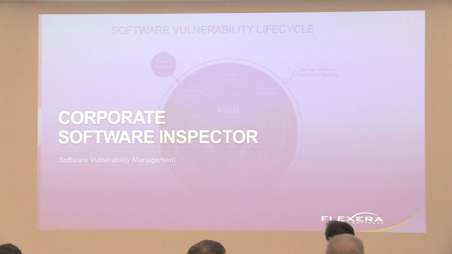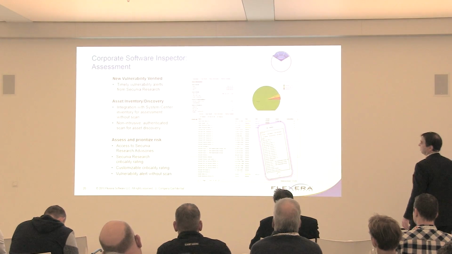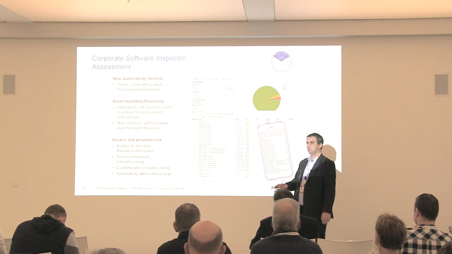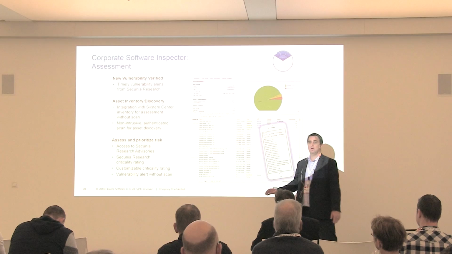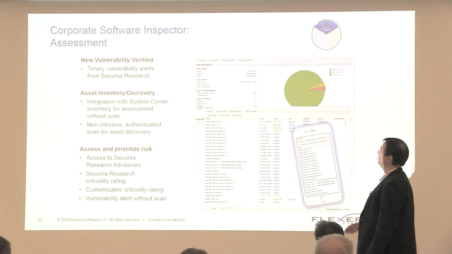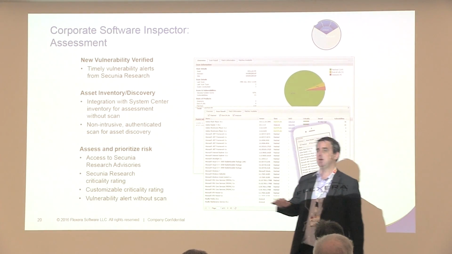So the solution based off this is Corporate Software Inspector. Now, Corporate Software Inspector enables you to inventory your machines, either through SCCM or through a very lightweight agent, about 800K in size, to give you a view of which applications in your environment may be vulnerable.